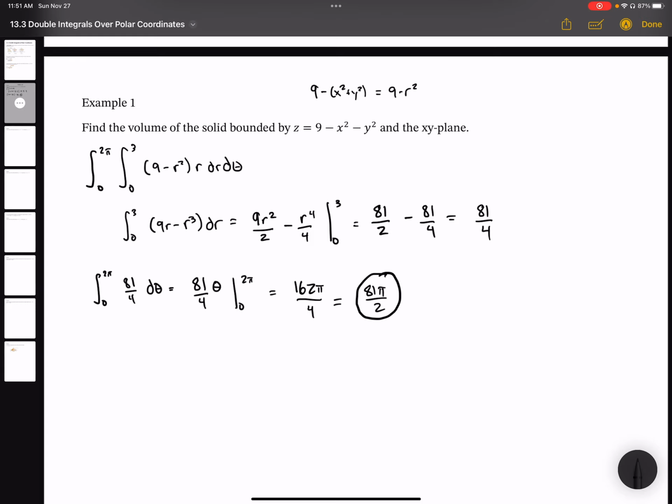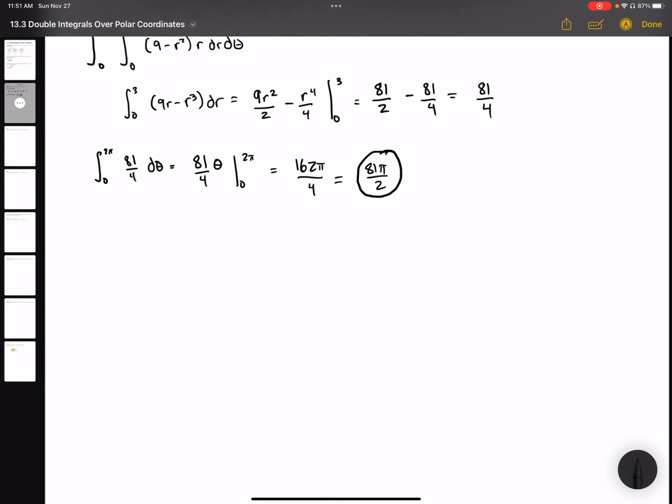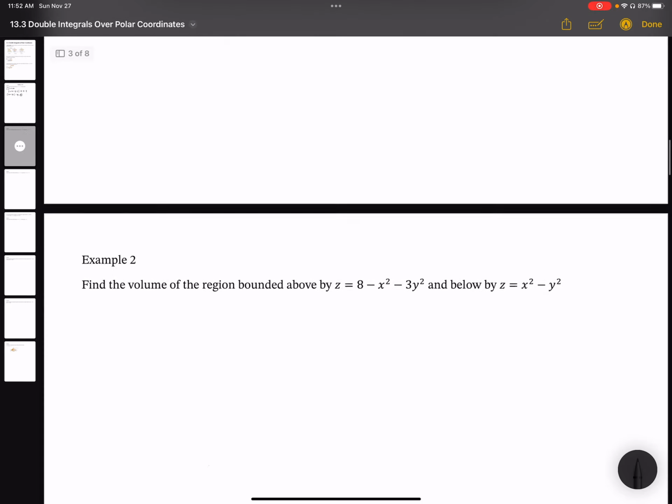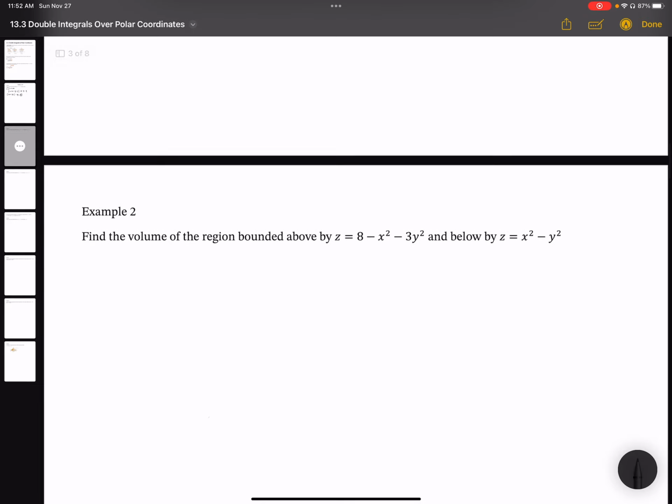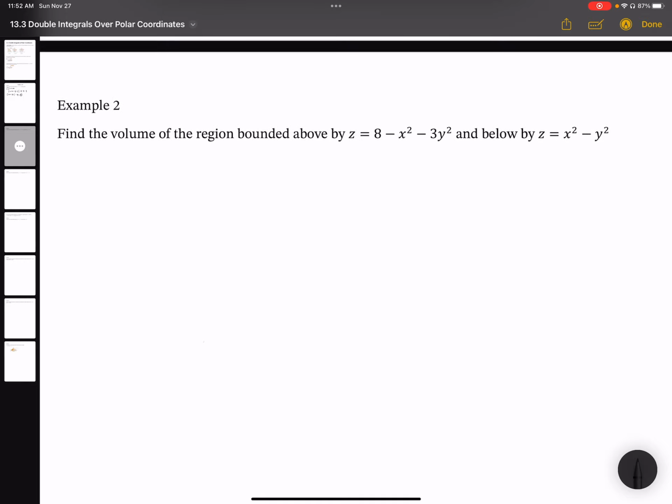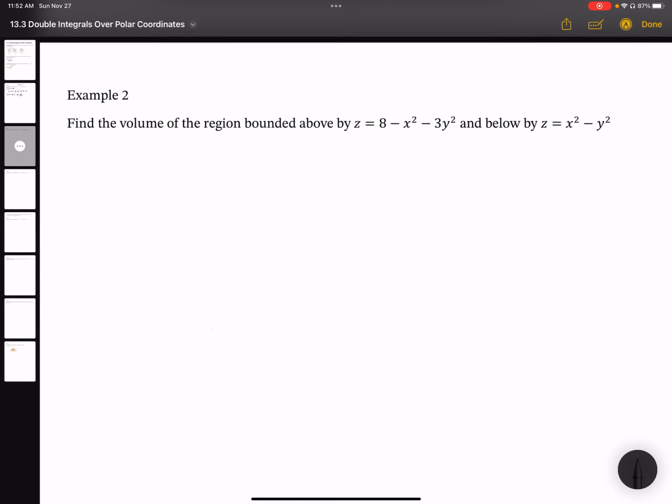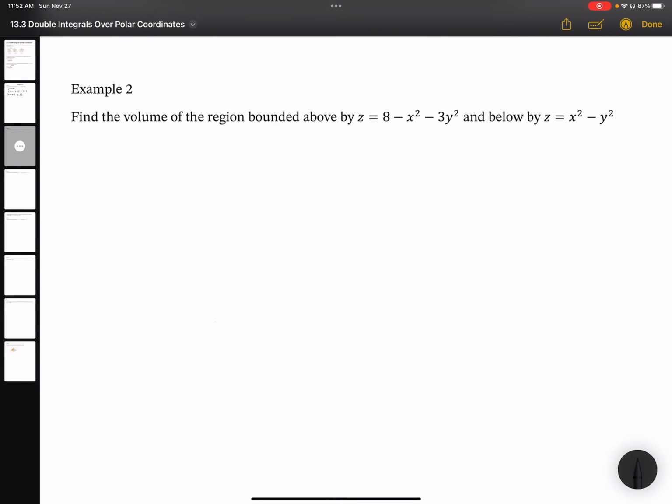That's a pretty straightforward example. Here's one that is not so straightforward. There are a couple of ways to do this one and come up with a similar result, but we're going to take the easiest path.